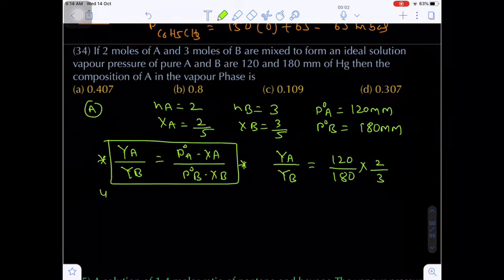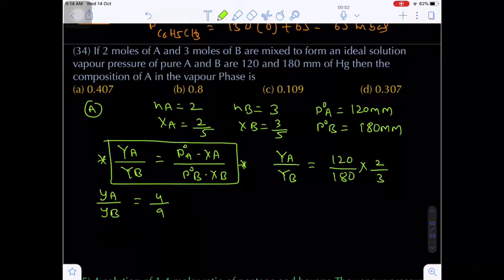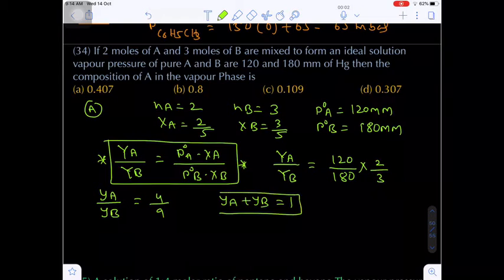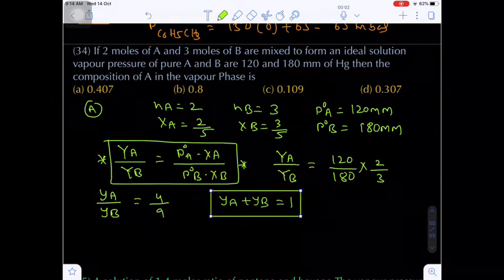Now here you have the mole fraction of component A in the vapor phase divided by component B in the vapor phase, that is YA upon YB, which will be equal to 4/9. And one more important relation we know, that is YA plus YB equal to 1. The sum of the mole fractions, either in the liquid state or in the vapor state, will always be equal to unity.